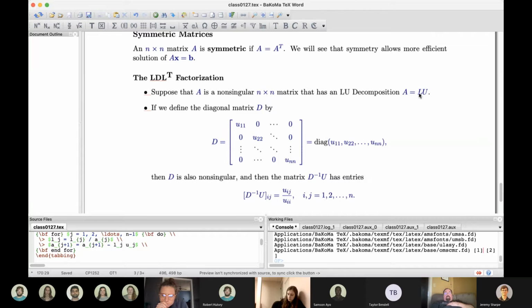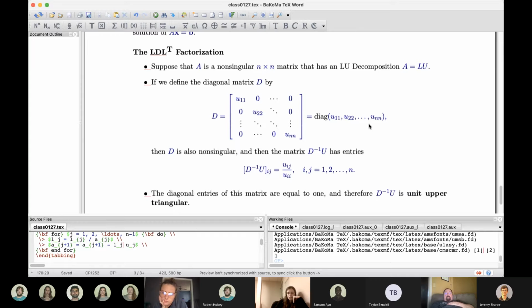So suppose we have this LU decomposition. Now remember, L is unit lower triangular, and U is upper triangular. So what I could do is factor out the diagonal from U. Because A has an LU decomposition and A is invertible, U has to be invertible also, so all of these entries must be non-zero.